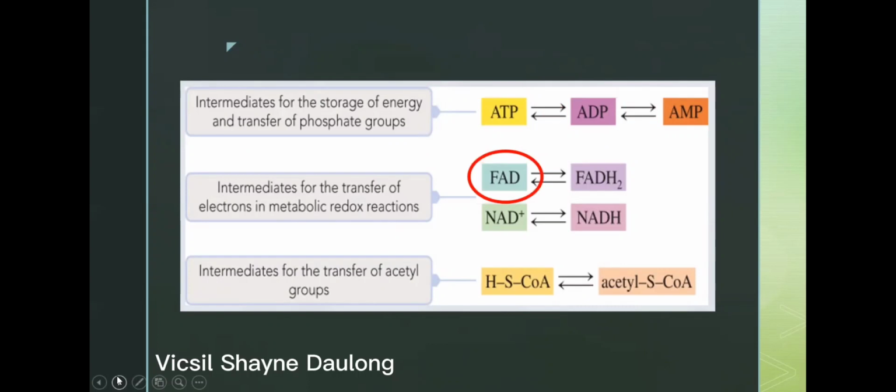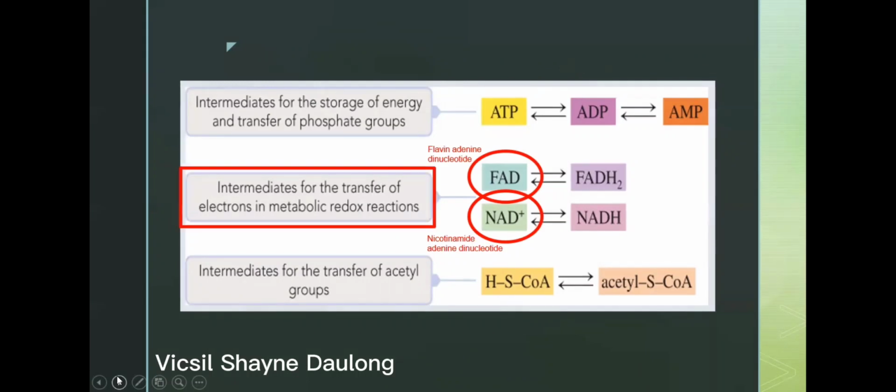Now, the FAD, or the flavin adenine dinucleotide, and the NAD, or the nicotinamide adenine dinucleotide, are classified as the intermediates for the transfer of electrons in redox reactions.